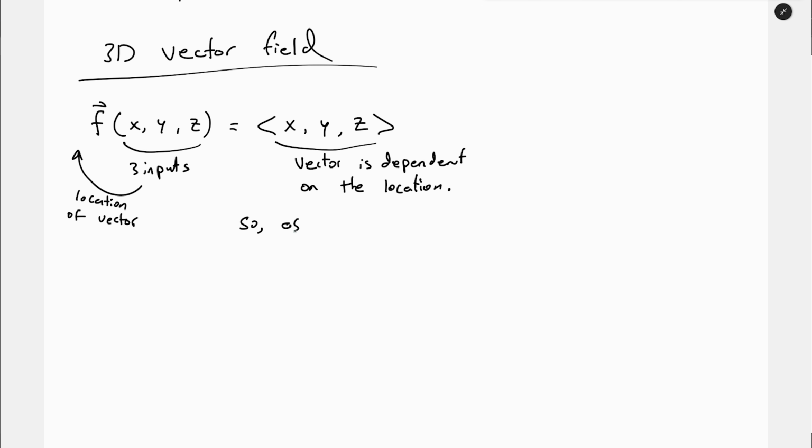So as the location changes, the vector changes.